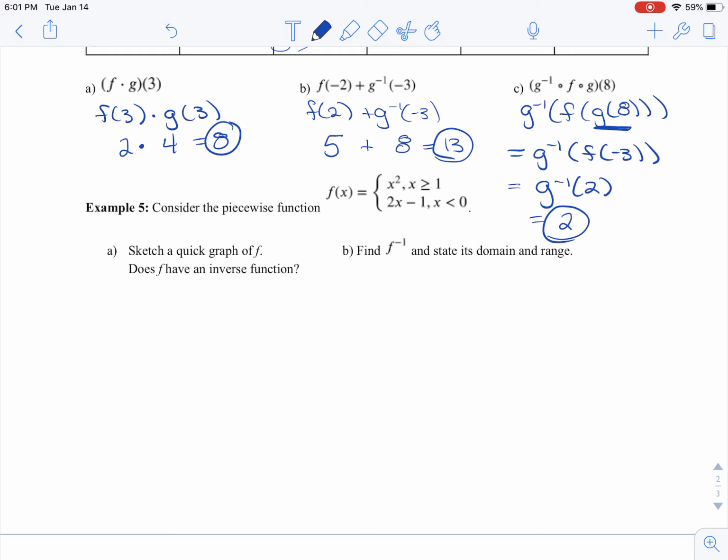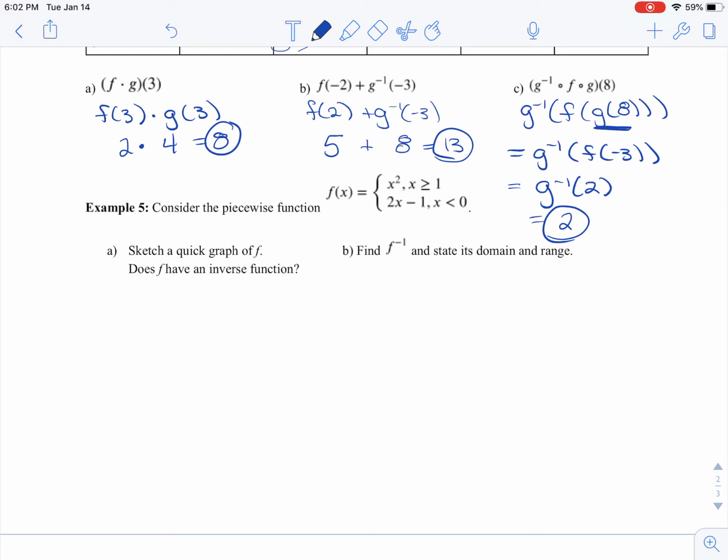Okay, we've got one last function here. It says consider the piecewise function f of x equals x squared, where x is greater than or equal to 1, and 2x minus 1, where x is less than 0.